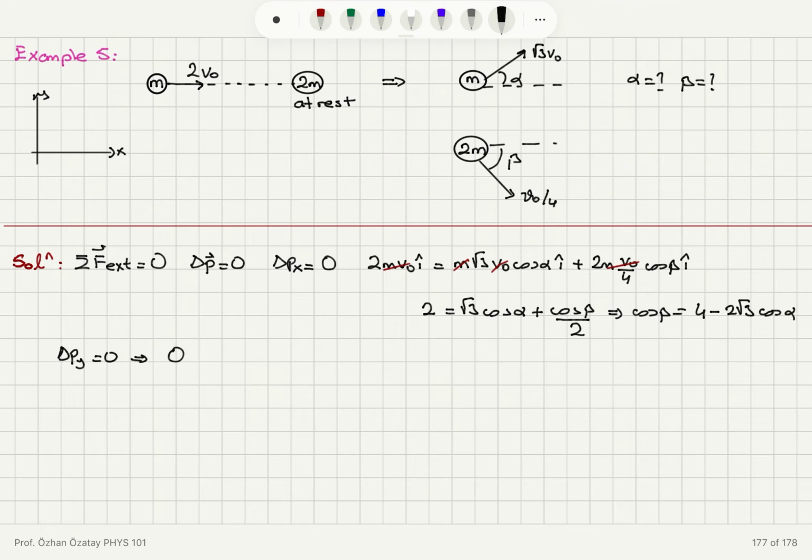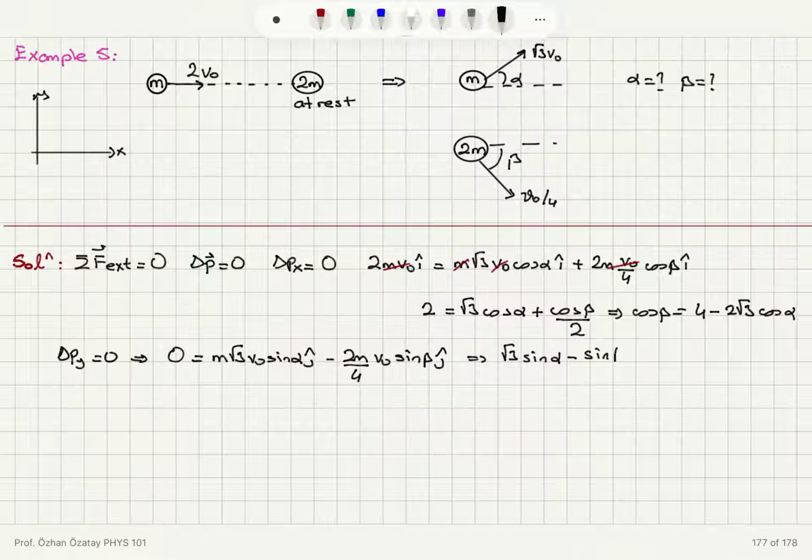This tells me the initial y component of the linear momentum is 0, must be equal to m square root 3 v0 sine alpha j hat minus 2m over 4 v0 sine beta j hat, and this gives me square root 3 sine alpha minus sine beta over 2 equals 1.